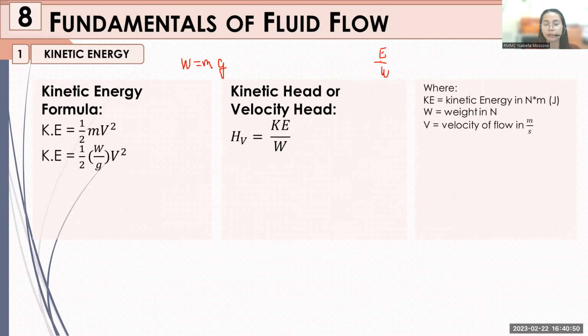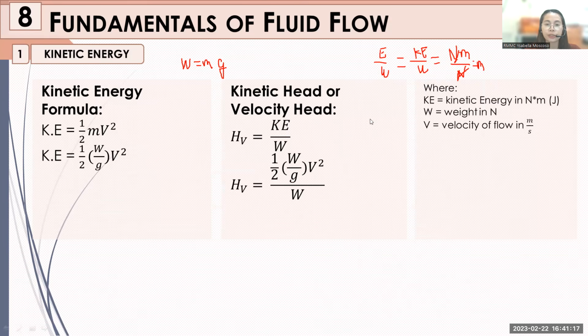So, yung energy na pinag-uusapin natin sa kinetic head or velocity head, that is your kinetic energy. And we all know that your kinetic head is KE over W. The unit for your KE is Newton times meter, while the unit of your weight is Newton. Cancel Newton, it will leave us meters for your velocity head.